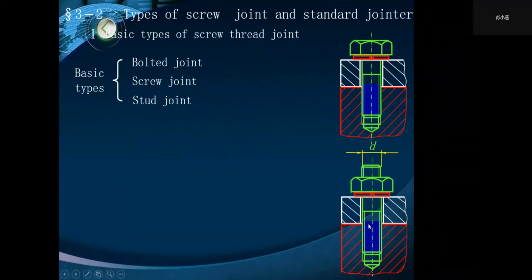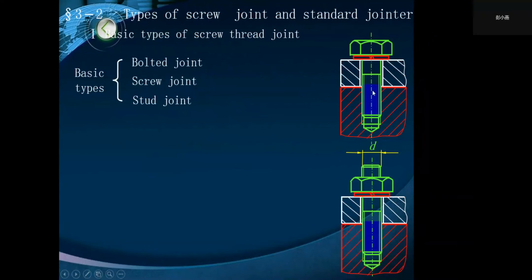A stud joint applies when one of the jointed members is too thin to drill a body-size hole.